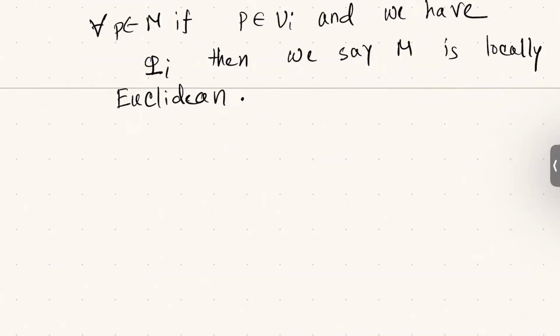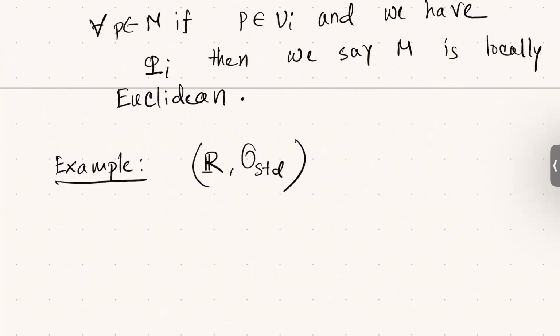So let us consider some examples. Start with R with the standard topology. Is it a topological manifold?